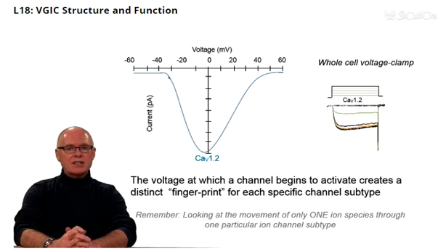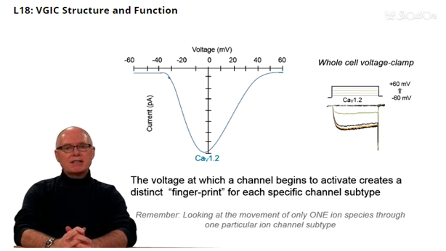What's important in this graph is that this current voltage relationship shows that as the membrane of the cell becomes more depolarized, that is, as it moves from -60 towards 0 millivolts, as shown on the x-axis, more of these channels become activated and undergo a conformational shift that allows more calcium ions to pass through the pore. And therefore, the current measured is larger, which is demonstrated on the y-axis.